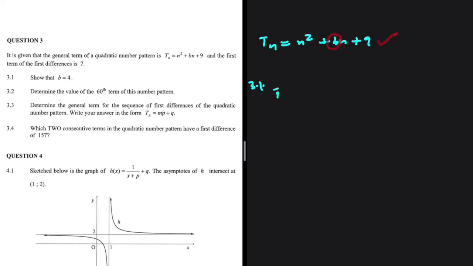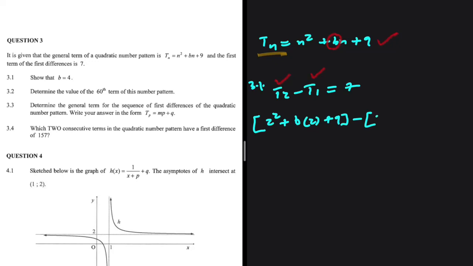It means that T2 minus T1 of the quadratic number pattern will be equal to 7. Let's go ahead and find T2 and T1. So in place of T2, we're just substituting 2 into Tn, right? We're going to have 2 squared plus b multiplied by 2 plus 9 minus T1.